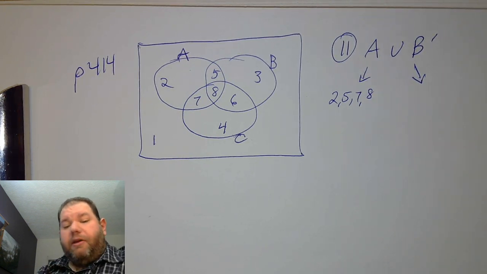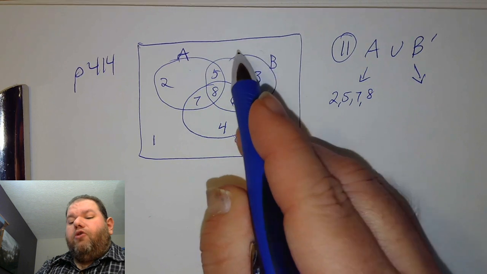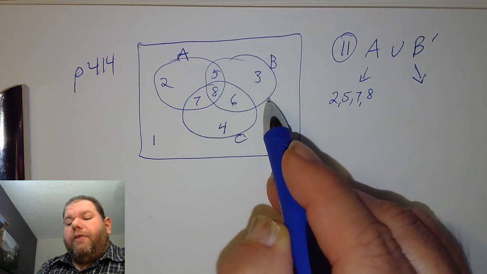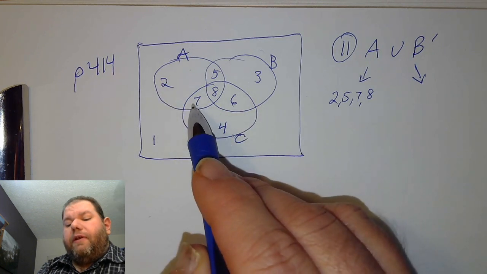B complement is everything that is outside of B. Now B incorporates these 4 regions. So everything outside of B will be 1, 2, 4, and 7.